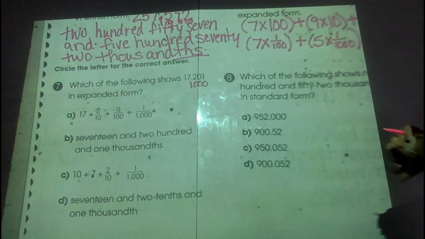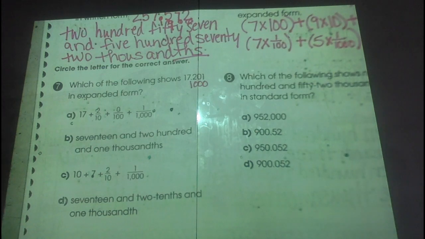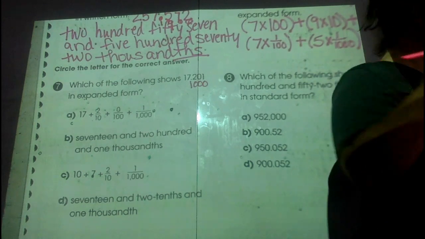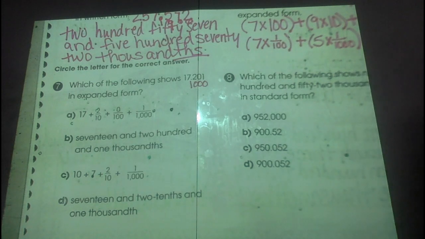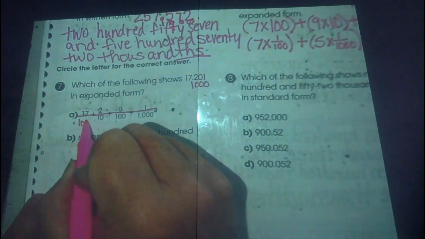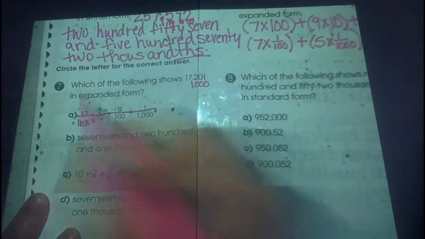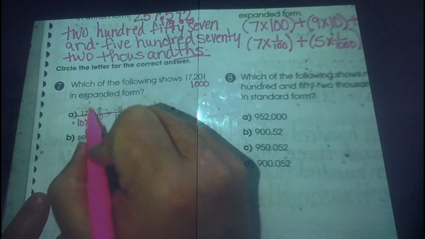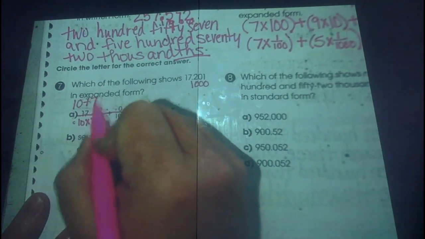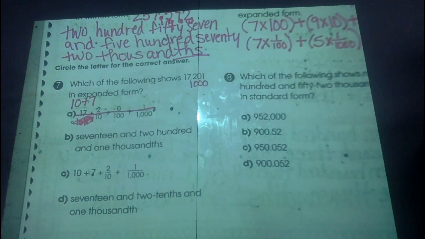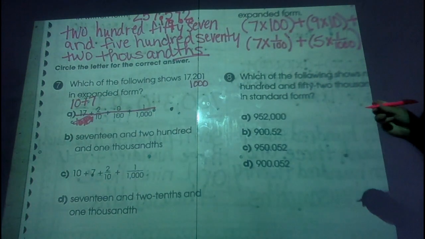Let's think about that. Is 17 in expanded form? No, it is not. So it can't be this one because it should be 10 times 1. It should have been broken down to 10 plus 7. Yes? So that one is incorrect.